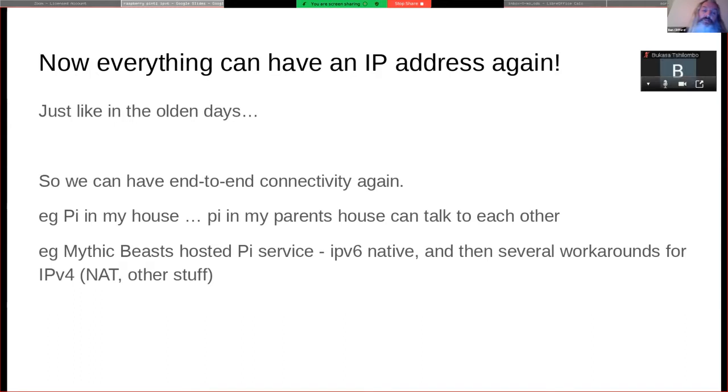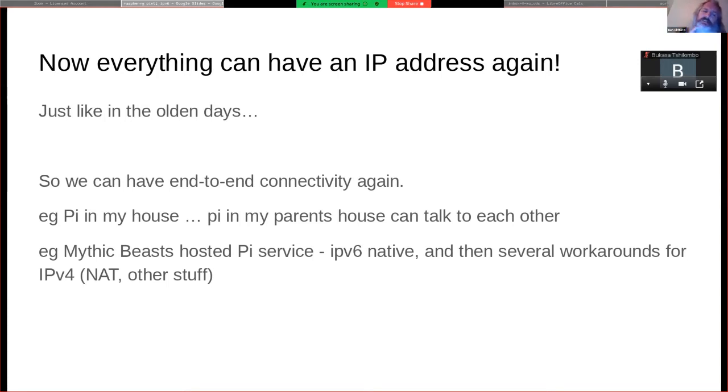So me and my dad have an arrangement where we have Raspberry Pis in each other's houses, and we do backups to our devices. So his Raspberry Pi sits on my home network just in front of me now. From his home network, he can just connect to the one here because they both have IP addresses. They can talk to each other.